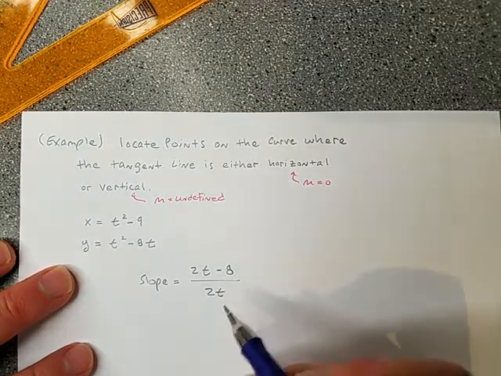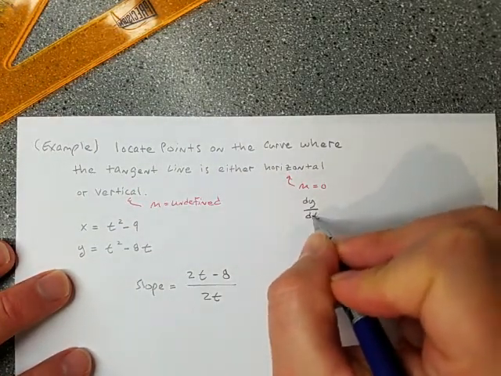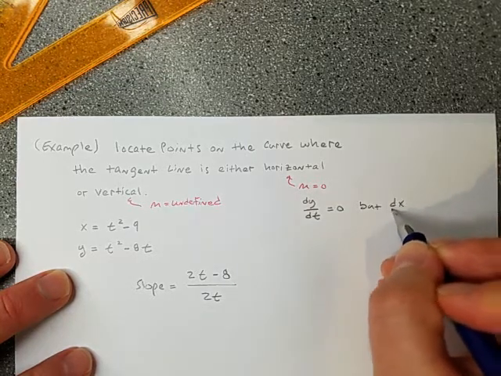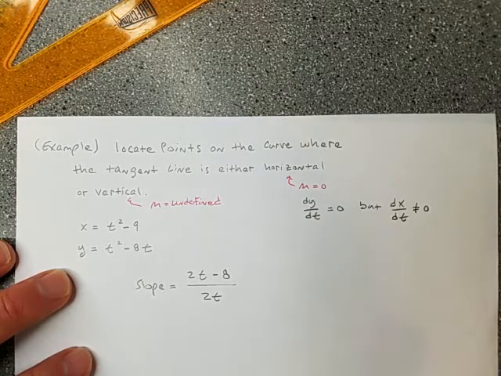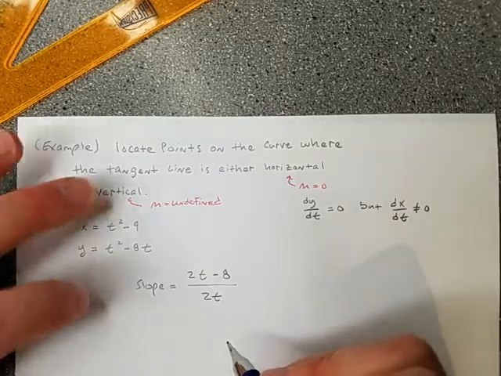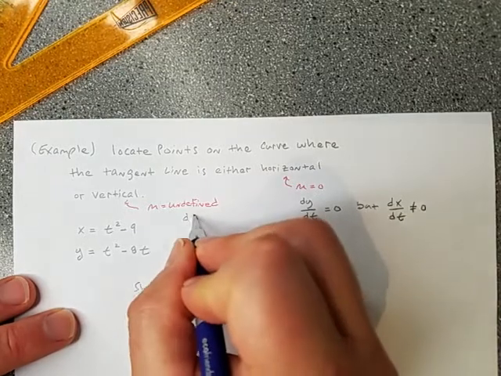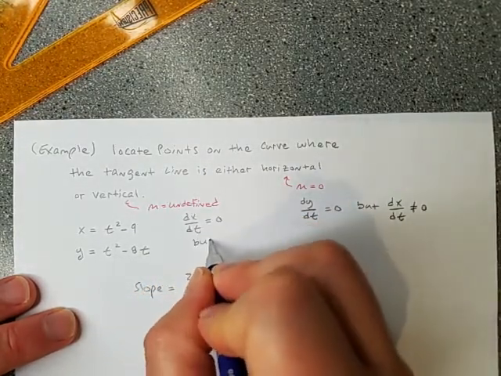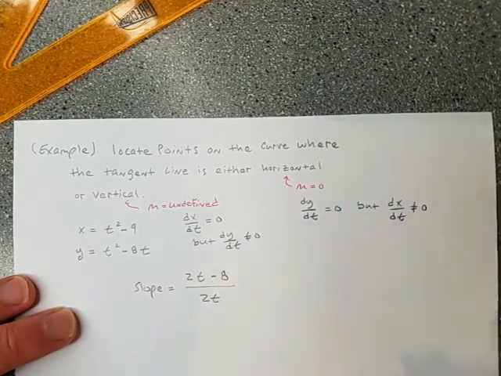In other words, horizontal means dy/dt is 0, but dx/dt is not 0. If the top part is 0 but the bottom isn't. And vertical would mean the opposite: dx/dt is 0, but dy/dt is not 0.